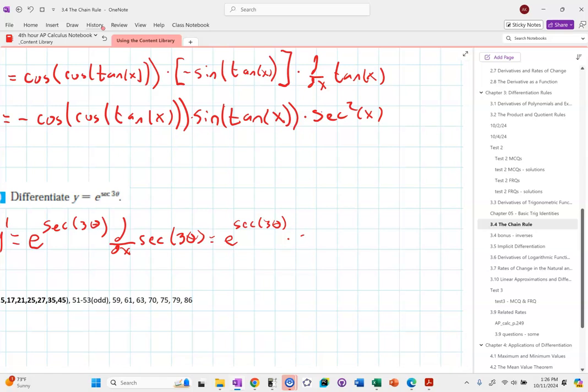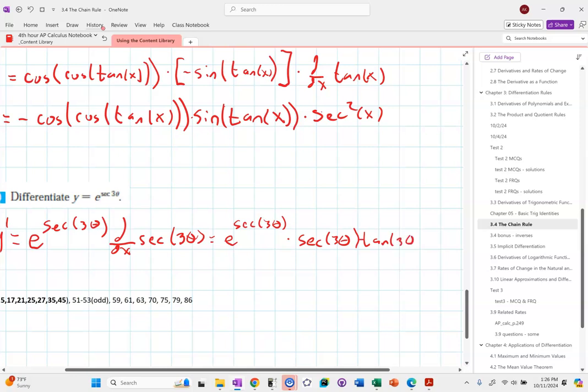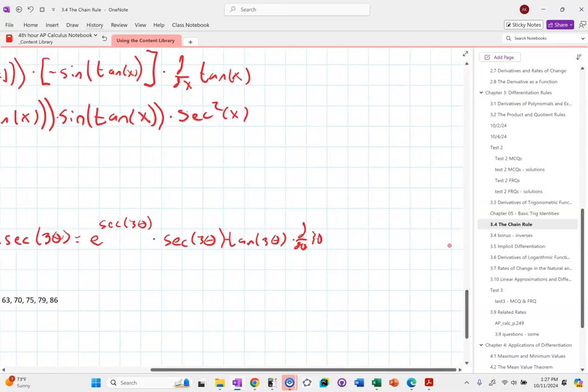Secant times tangent. So secant of the inner, tangent of the inner, times the derivative of the inner. Oops. I should be writing d thetas down there, not d dx's. And the derivative of d theta is just 3, right? So I'll just write it this way.